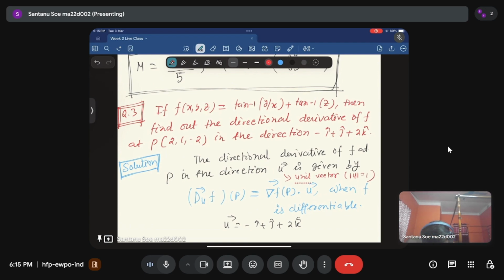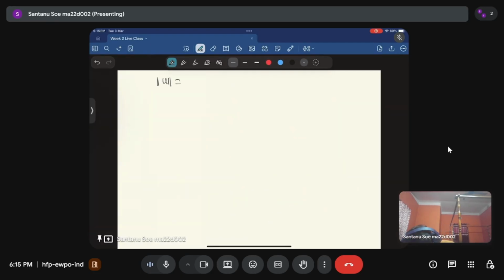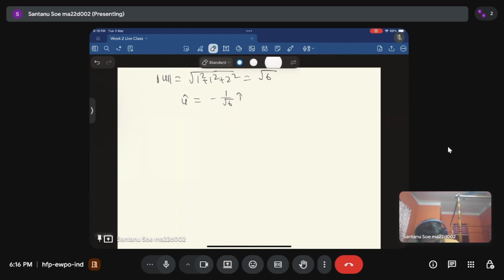Okay, so to do so, first we're going to find the norm of u. So norm of u is square root of 1 square plus 1 square plus 2 square, which is square root of 6. Then our new unit vector u will be minus 1 by root 6 i cap, so you just divide all the coordinates of the vector u by the norm of u, plus 1 by square root of 6 j cap plus 2 divided by square root of 6 k cap.